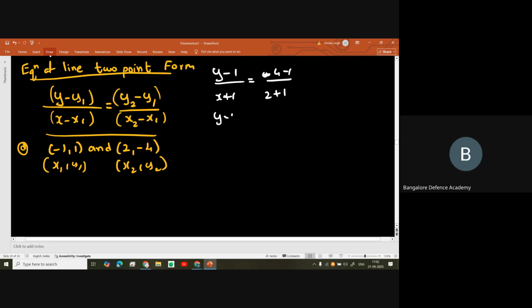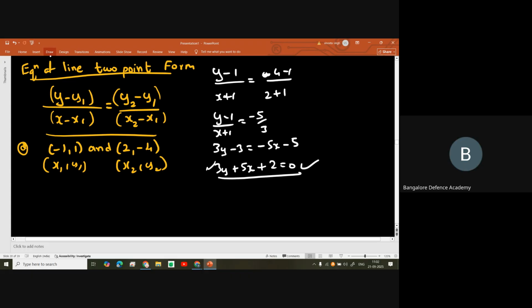So you get (y minus 1)/(x plus 1) is equal to -5/3. When you cross multiply, you get 3y minus 3 equals minus 5x minus 5. So 3y plus 5x plus 2 is equal to 0. Yes, sir. This is the equation. Just check, you should get this answer. What about others?